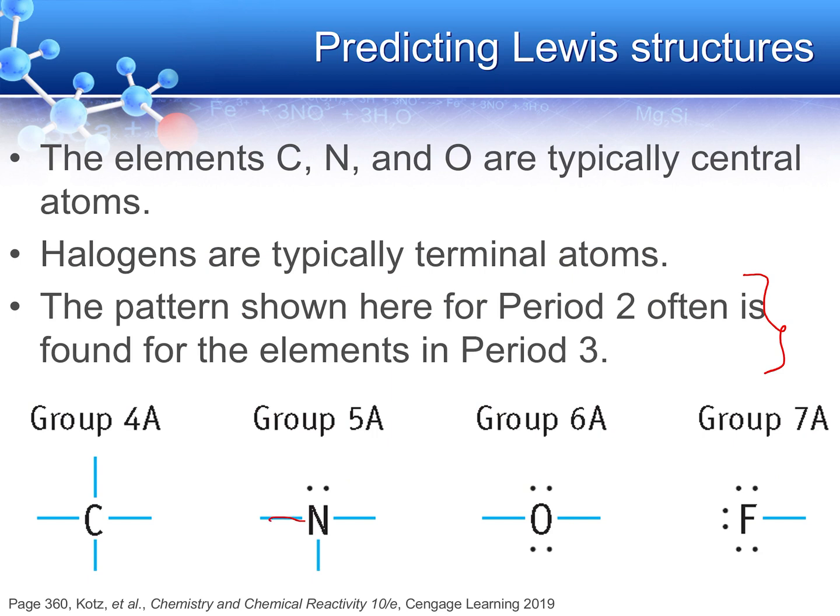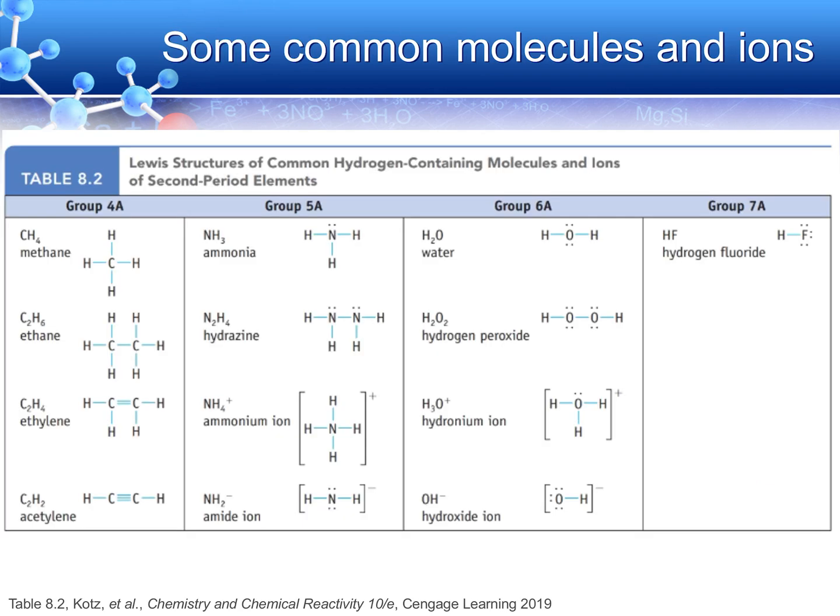For nitrogen, we show 3 bonds and a non-bonding pair. Oxygen is often 2 bonds and 2 non-bonding pairs, whereas the halogens are often 1 bond and 3 non-bonding pairs. Now that's not 100% of the time, but this is often a pattern that we see. And for the elements in period 3, we often see that as well.